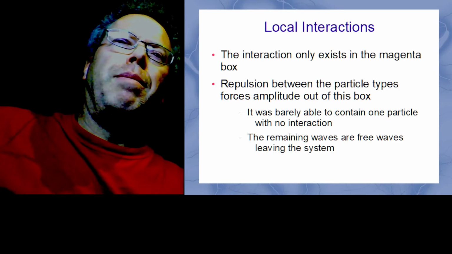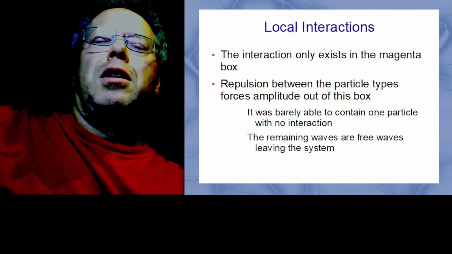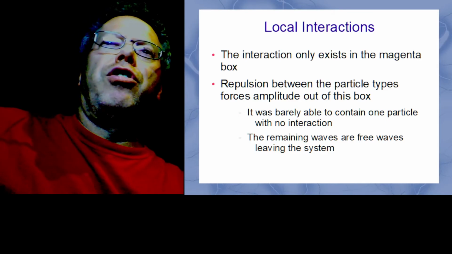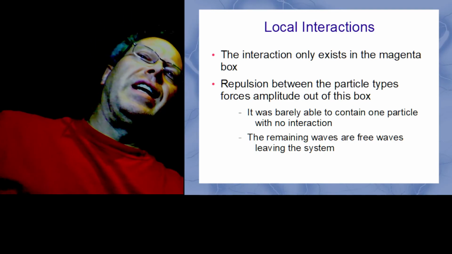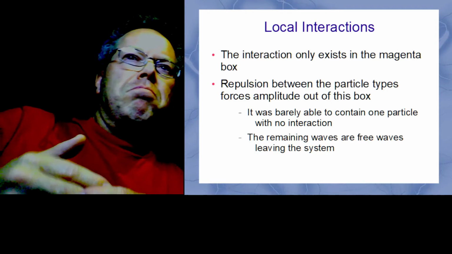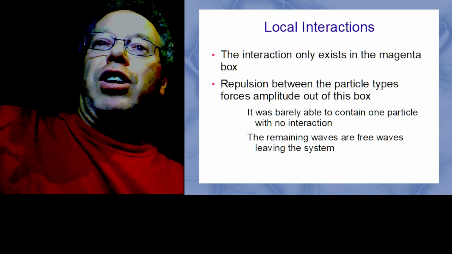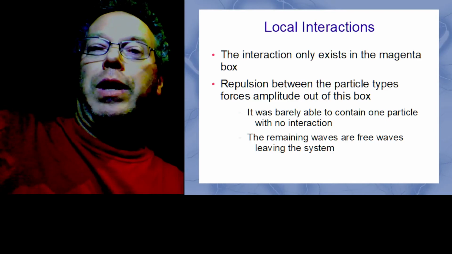Since this was a barely bound system anyway, I've got amplitude in this well, and it's going to no longer be bound, because it was barely bound, and then I shoved this interaction potential down the middle of it. Presumably it's strong enough in this case to actually drive all the amplitude out. So what happens?